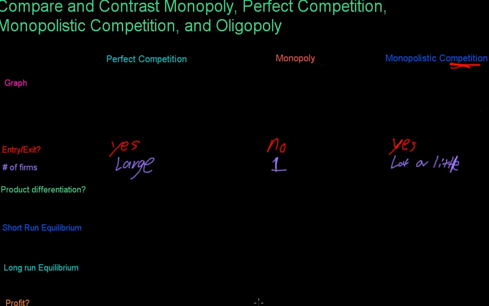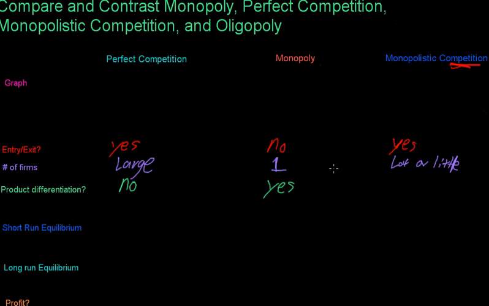And then we need to talk about product differentiation. So this means in these markets, can you make your product different? And in perfect competition, the answer is no. In a monopoly, by definition, yes, because there's no way that any firm can enter this market except for the monopoly. So there's no entry or exit, there's no competition whatsoever, so of course the product is going to be different.